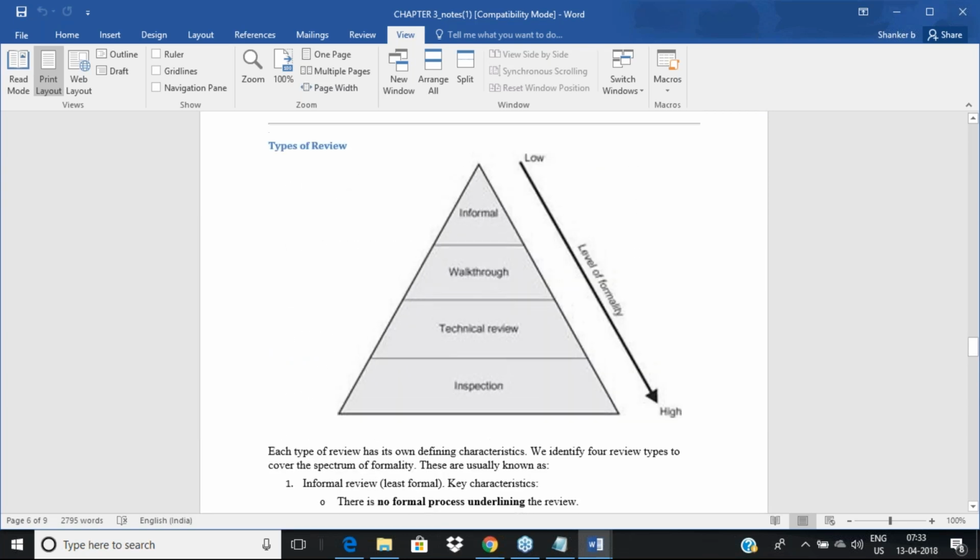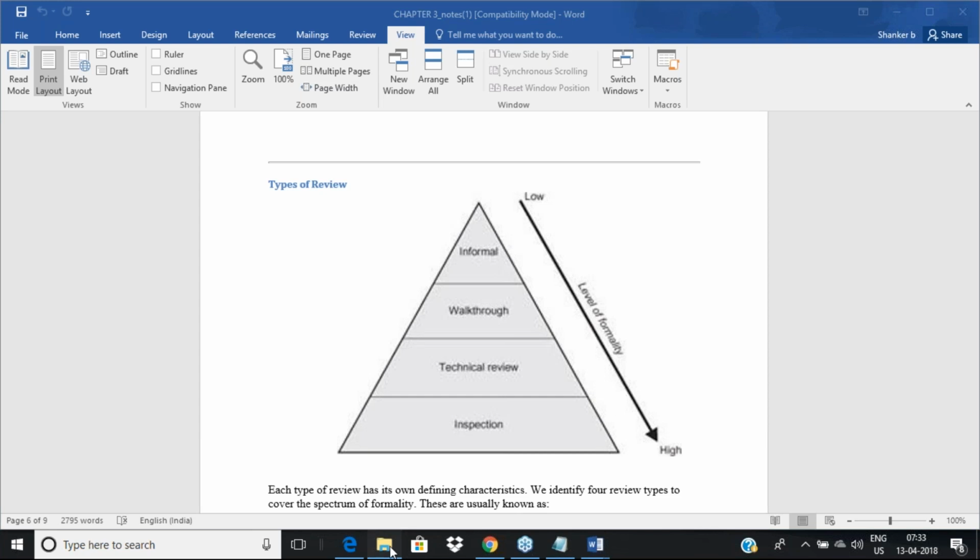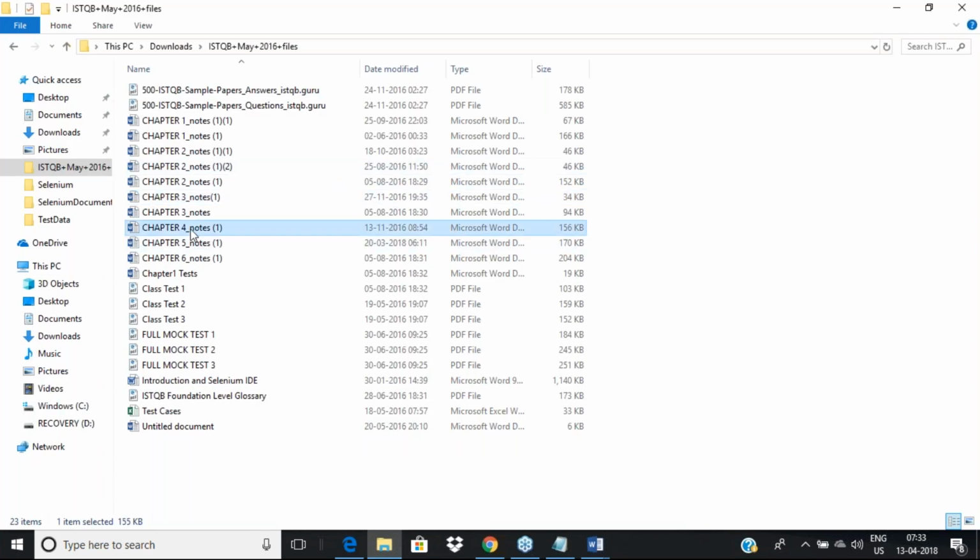Is it here? No, this is review techniques. Is it 4?